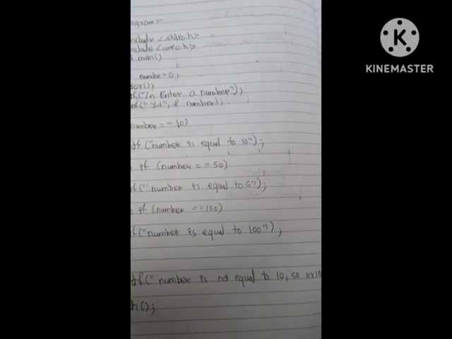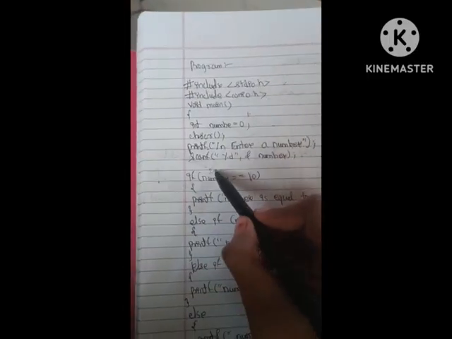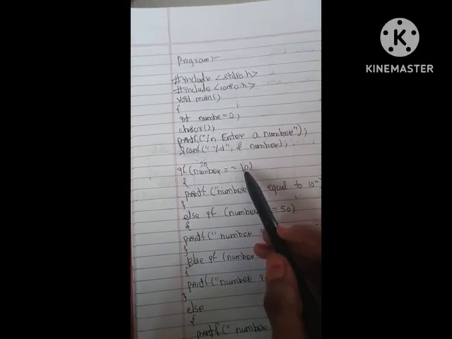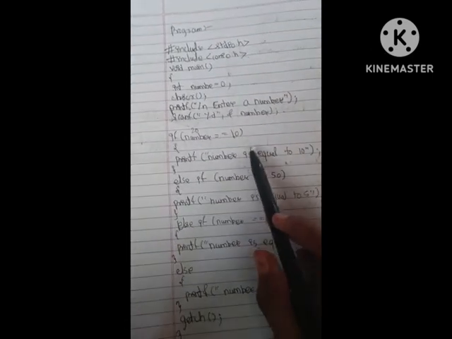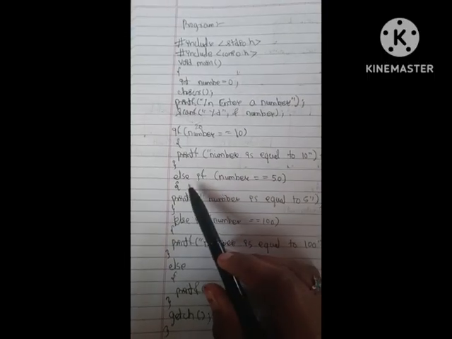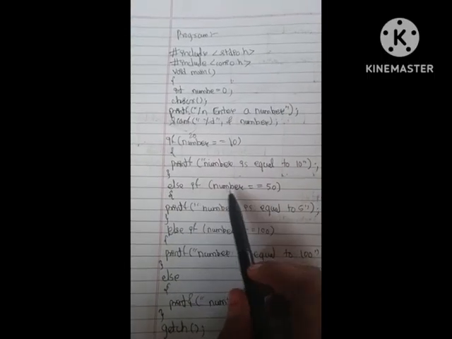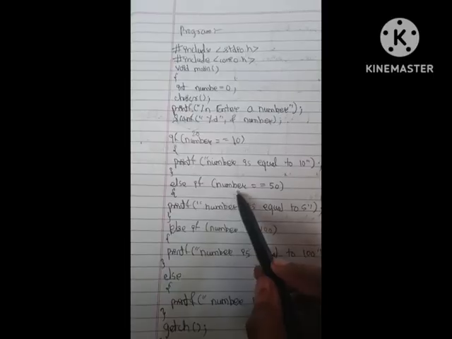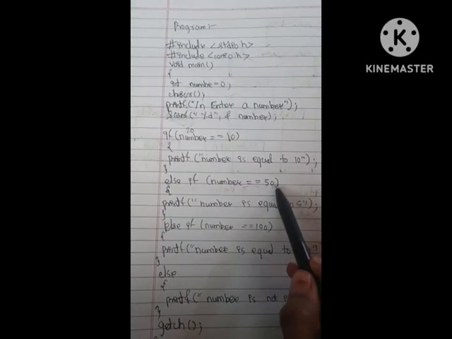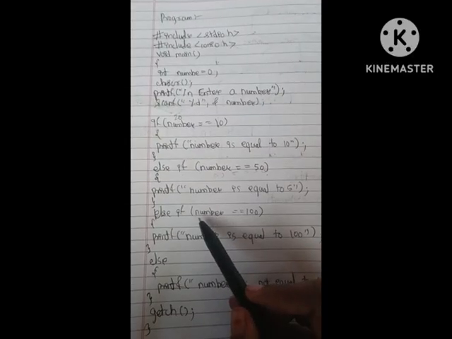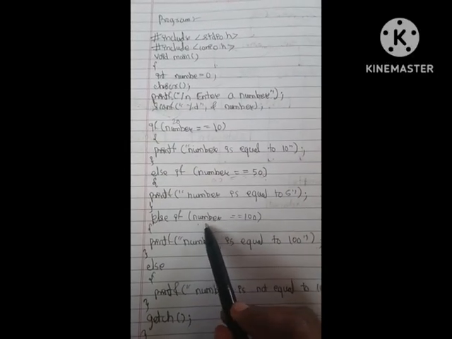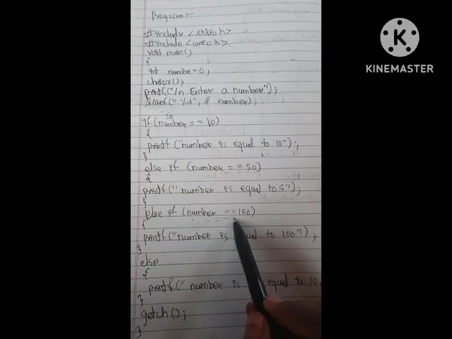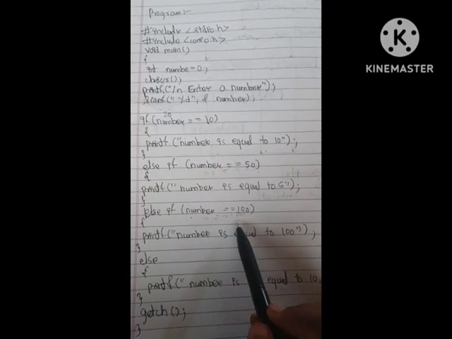Here our number 20 is equal to 10? No, it is false. Then it checks the else-if condition. Again, is 20 equal to 50? It is also false. Then it goes to this condition, is 20 equal to 100? No, this is also false.